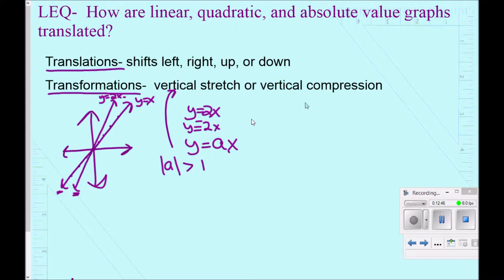On the other hand, a vertical compression comes when the absolute value of a is less than 1. Again, absolute value, because it could be positive or negative, but the value itself of the slope, not looking at the sign, if it's less than 1, like y equals 1/4 x, let's say, that has a slope of 1/4, that graph would be vertically compressed. And what does that mean?